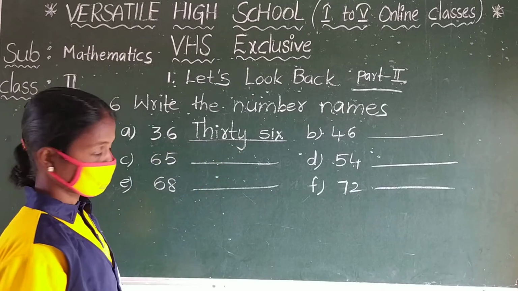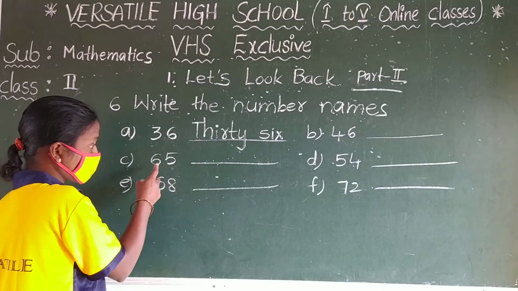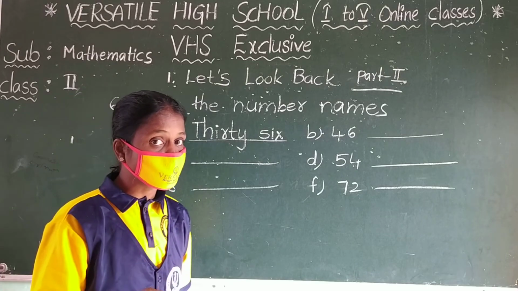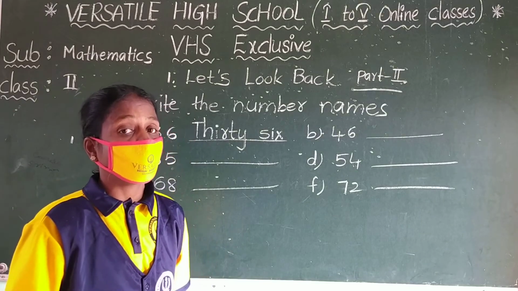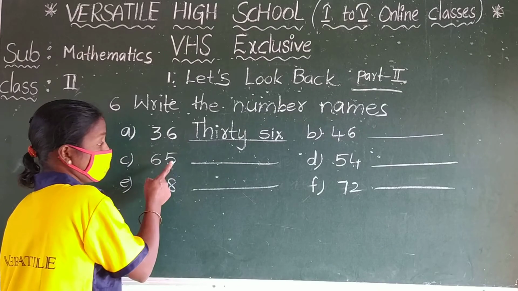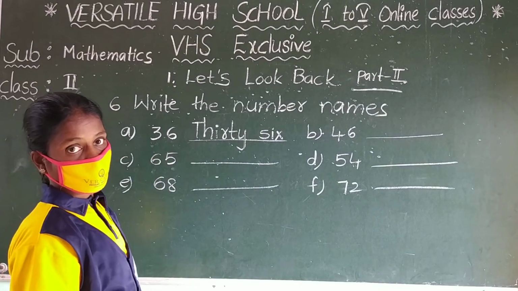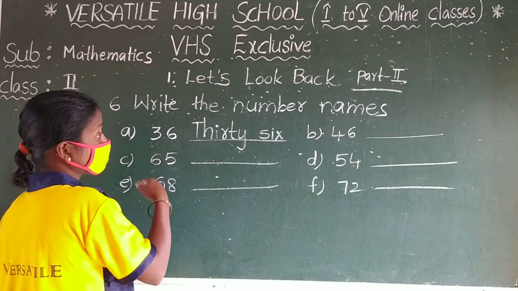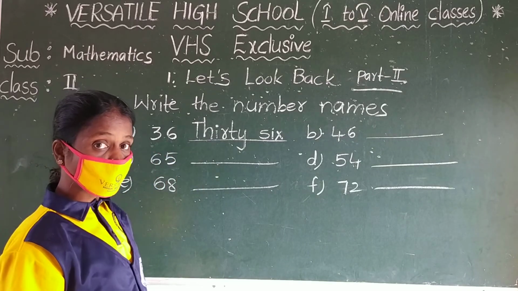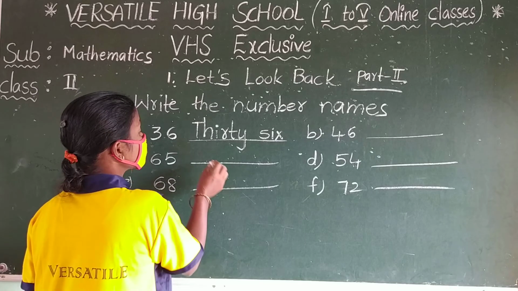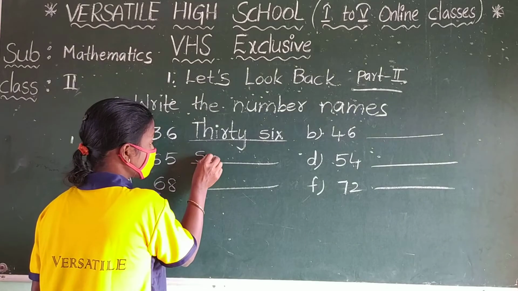Now observe 65. Here 5 is in the ones place and 6 is in the tens place. How do you write the number name for 65?